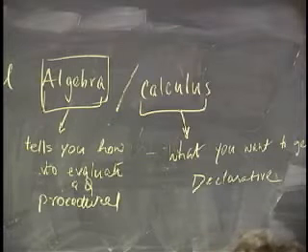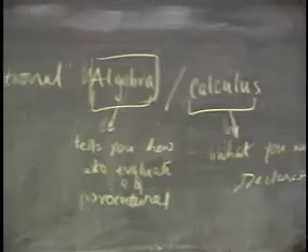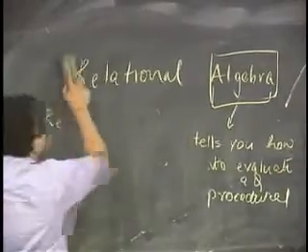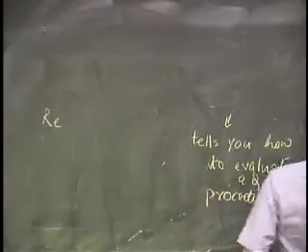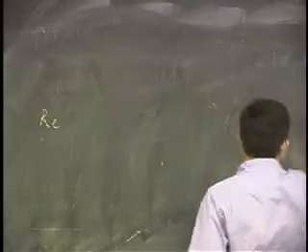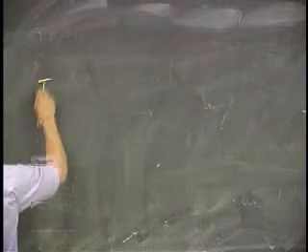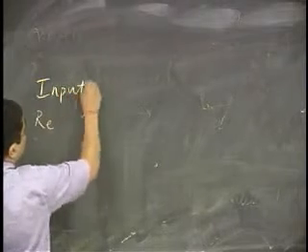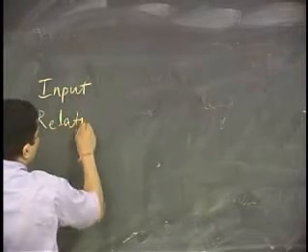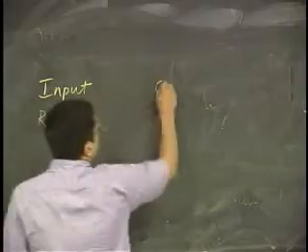so it takes a relation. So the input is a relation and output is also a relation.